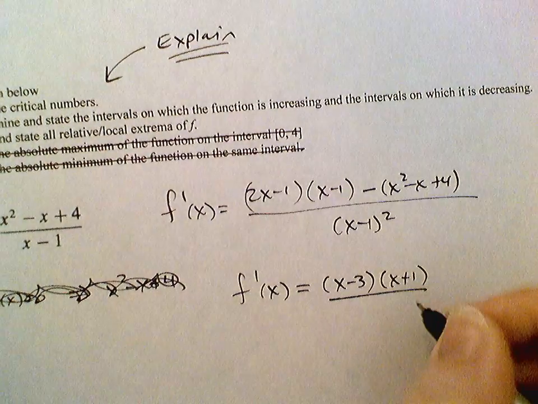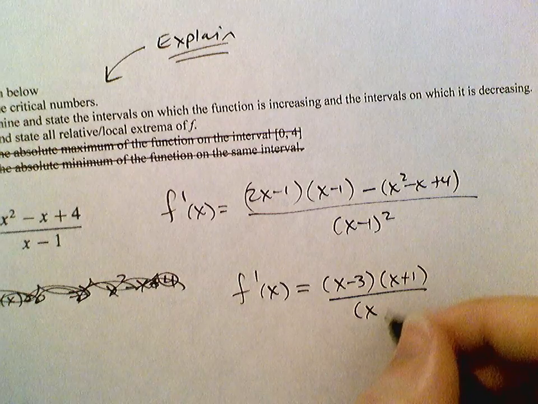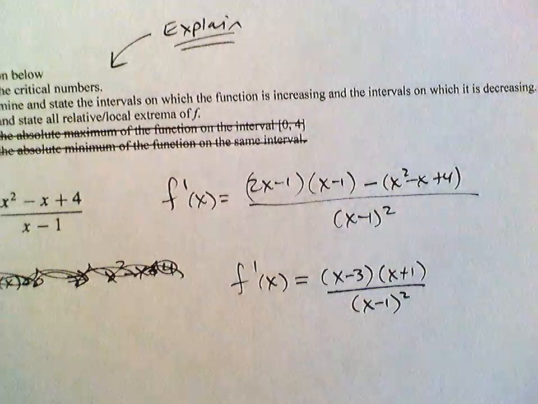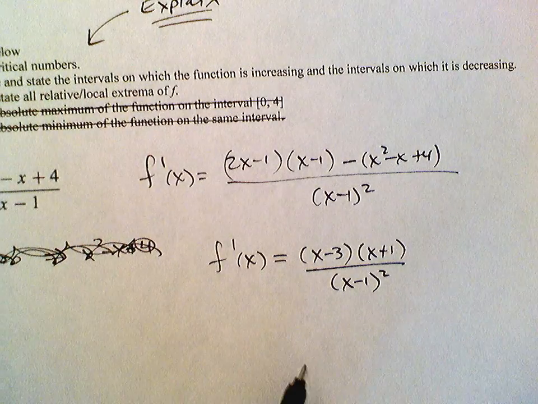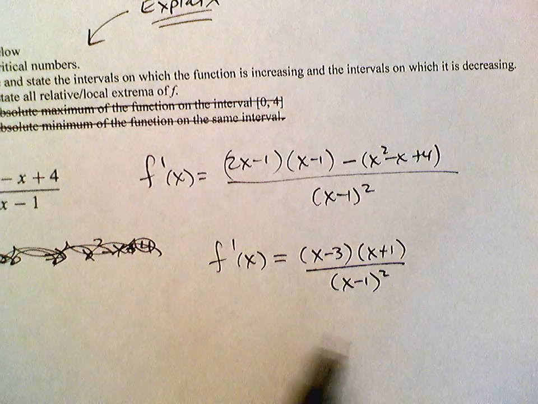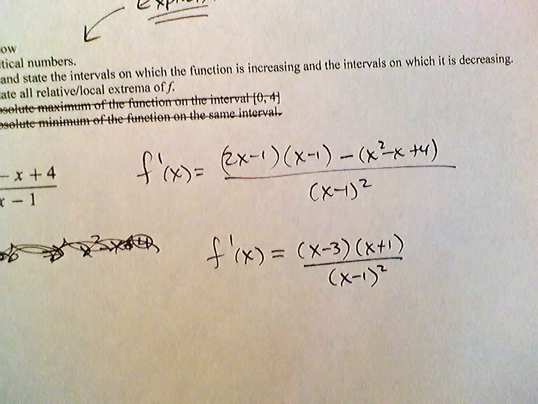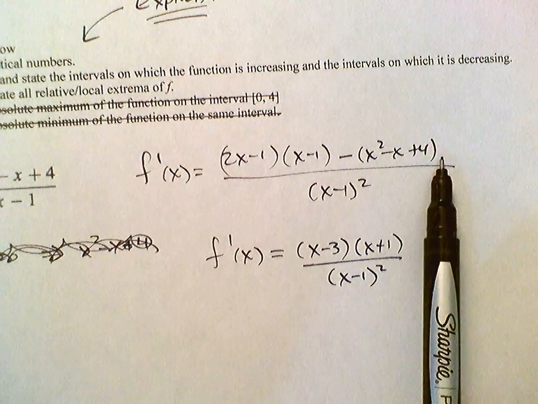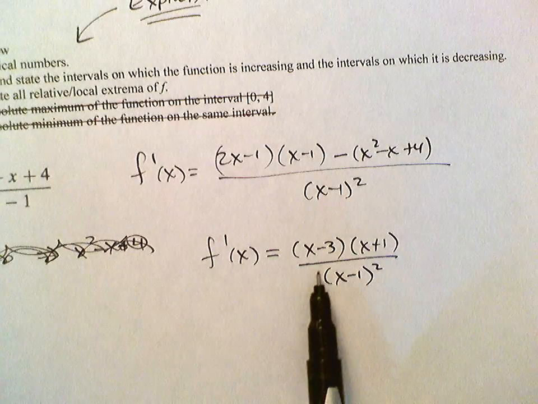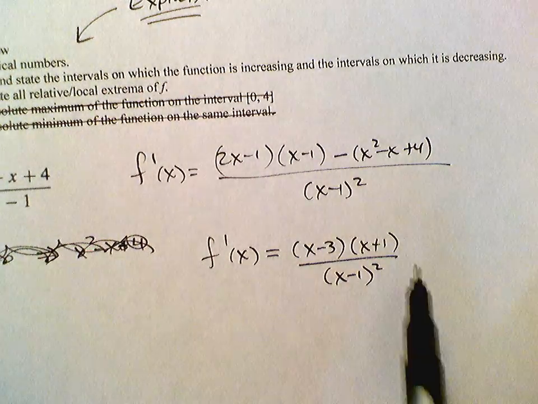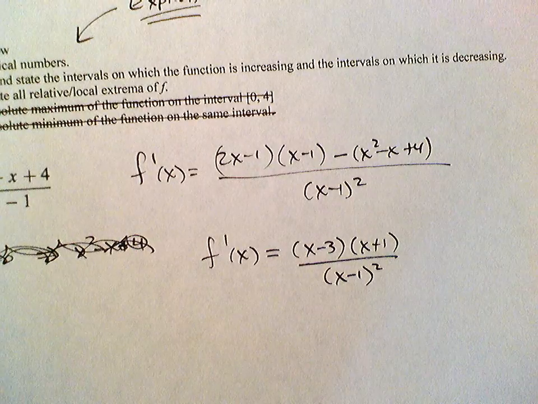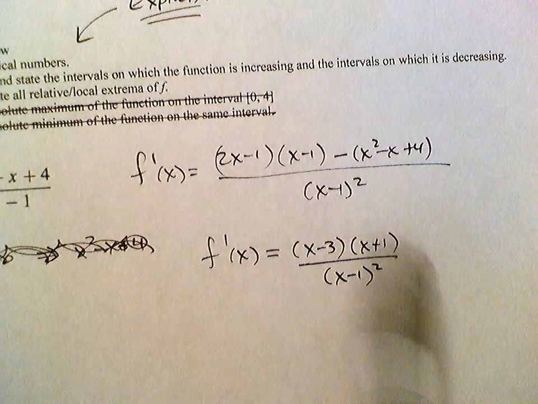You should do the algebra, guys, to make sure that you end up with the same thing as me, and to make sure I didn't make a mistake, because I'm looking at my notes from a few days ago. So this is what I got when I distributed, combined like terms, got a quadratic, and then ended up factoring it. And you don't have to factor it really at this moment if you don't want to. Well, actually, I think that you should, because we're going to have to look for a sign change here, and it'll be easier if it's factored.